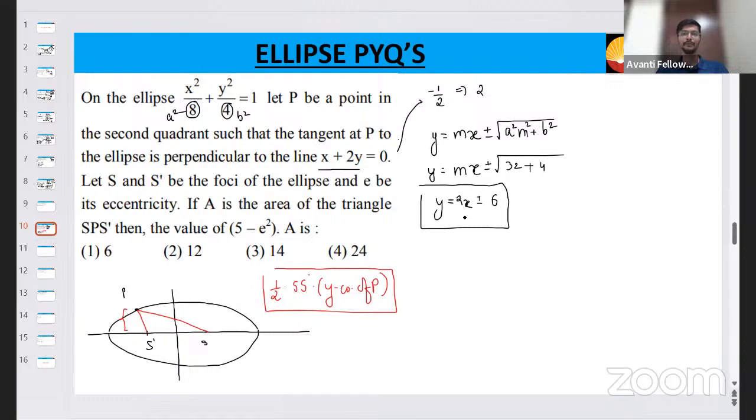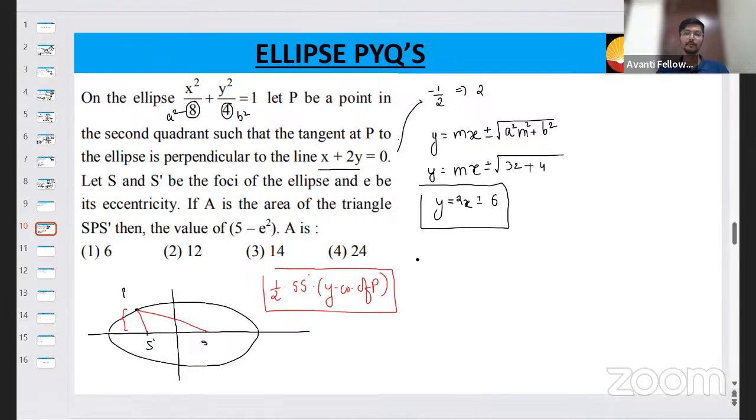Now, do you all know the direct point of intersection? If not, we can solve it simultaneously. Do you all know the direct result, guys? Yes, we know the direct result. What is the direct result?